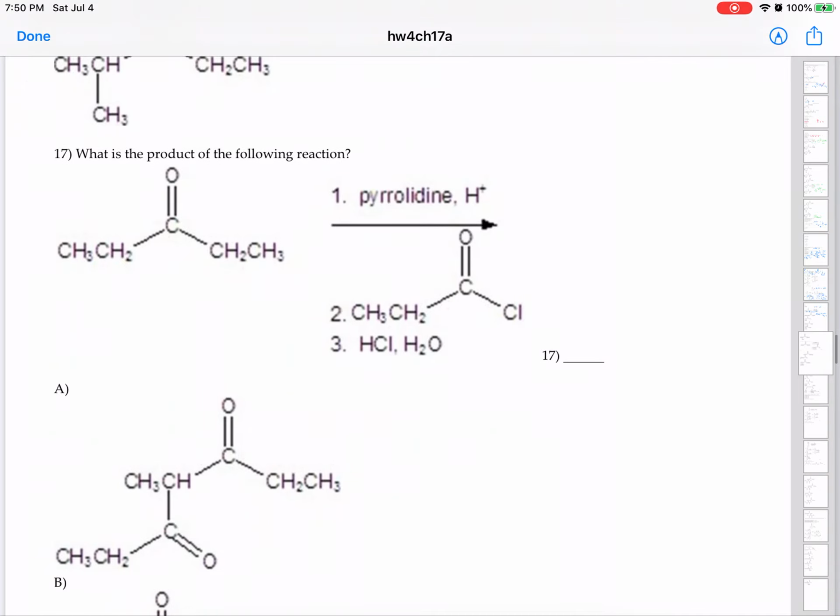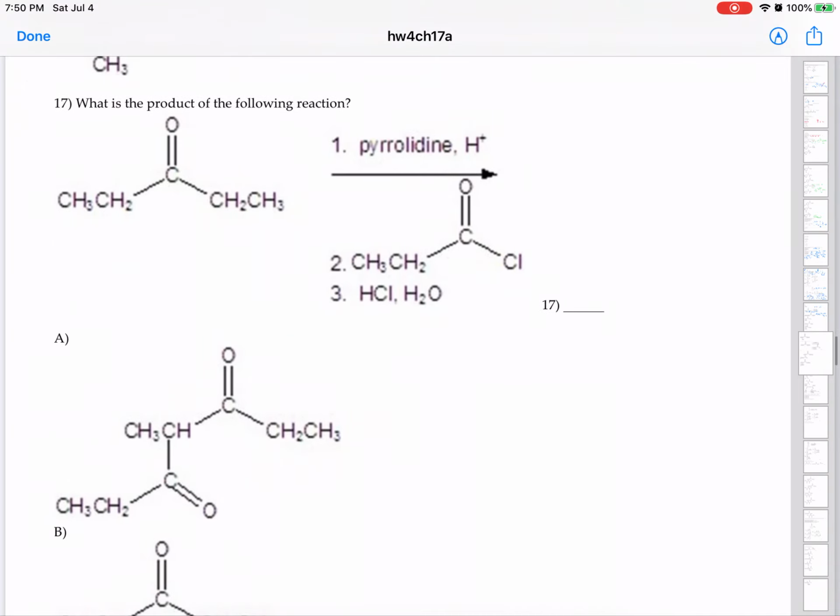So what is the product of the following reaction? Again now you will find this one: alkylating an enolate ion, alkylating esters and nitriles, acyl groups, alkylating alpha carbon via an enamine, or you can also do it with LDA.